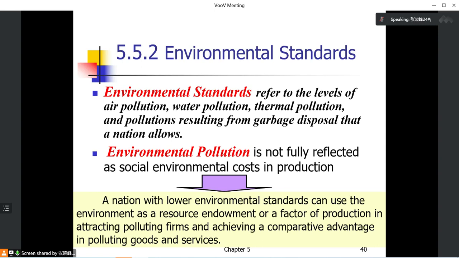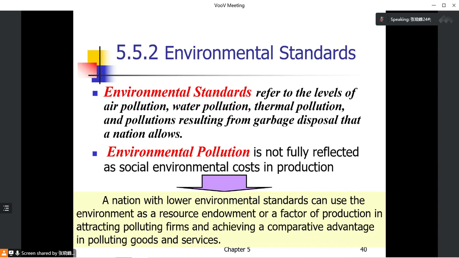On the other hand, they become a new type of trade barrier that does damage to international trade.